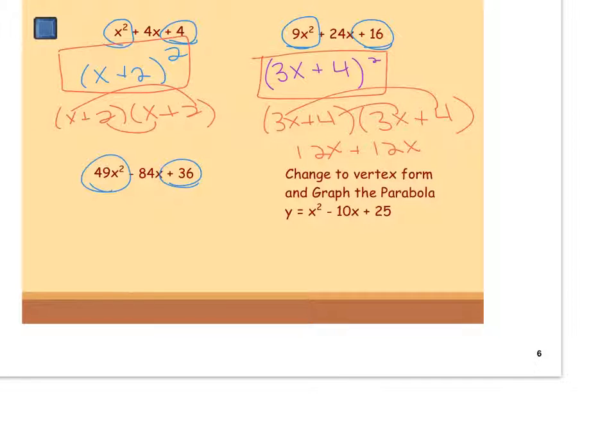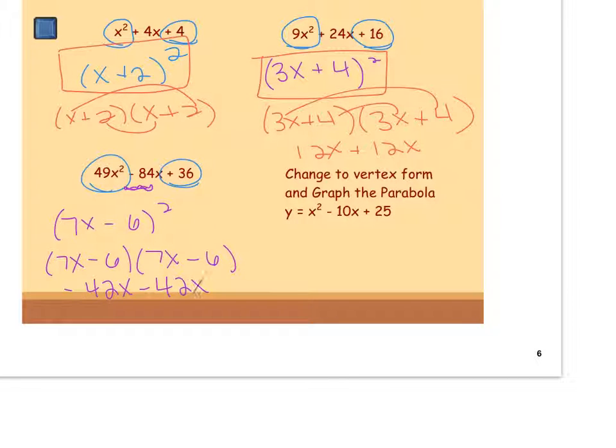Perfect. Now the only difference here with this guy, because my middle term is negative, what I have to do is 7x minus 6 squared: 7x minus 6, 7x minus 6, negative 42x minus 42x is negative 84, so yay, that works.